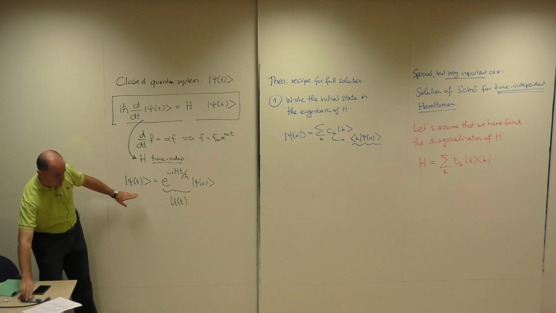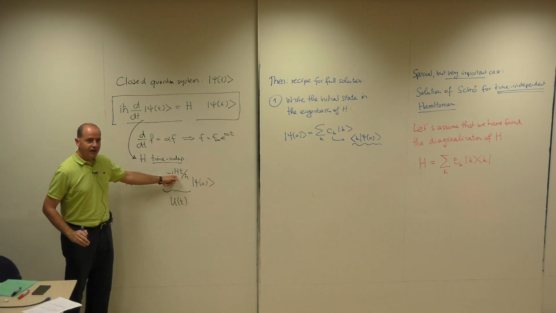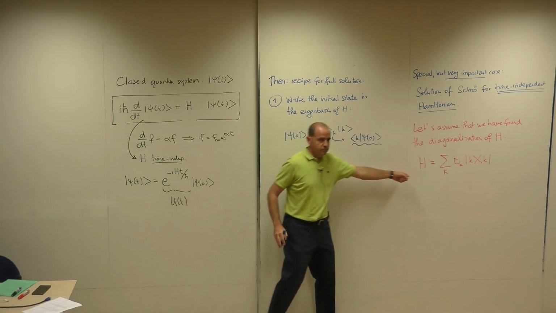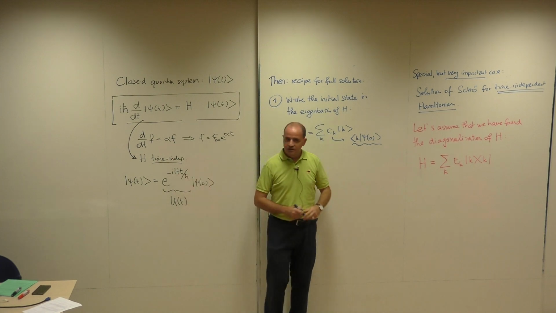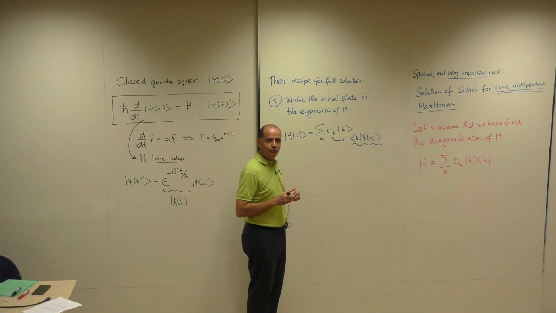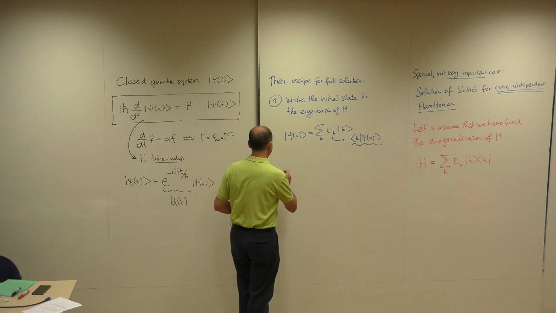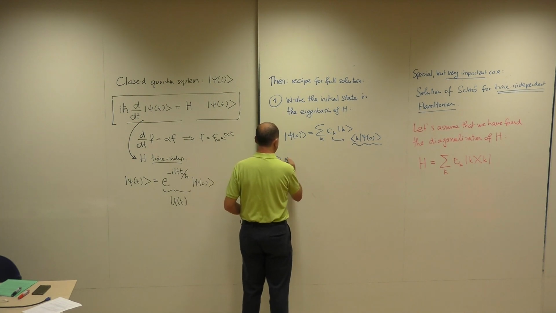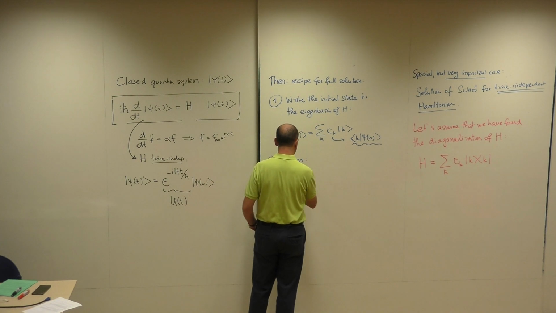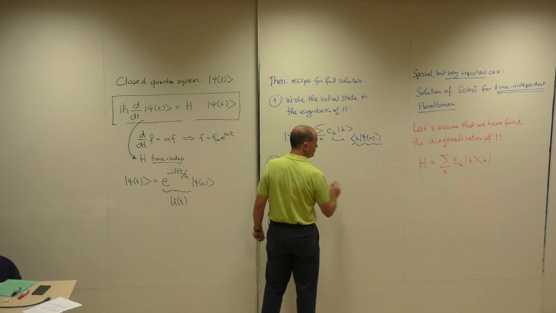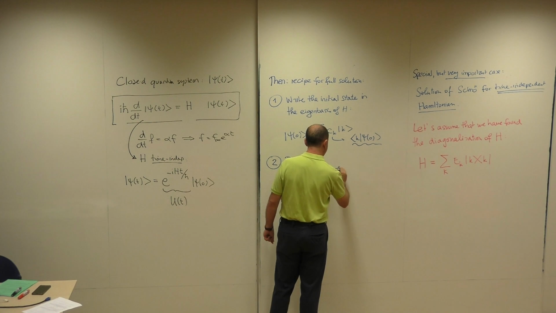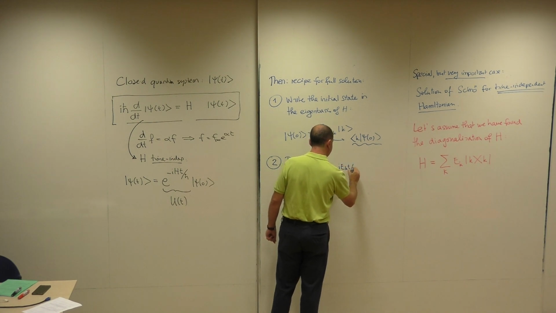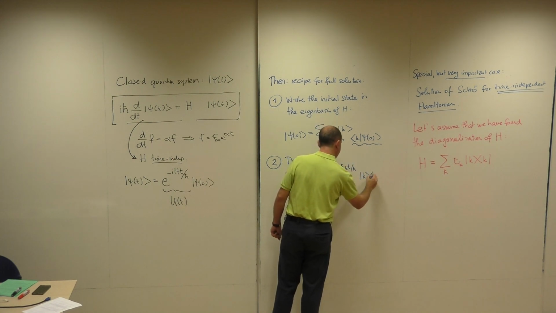Now let me go back to the recipe. If in addition I have this is a function of H, a function of a Hermitian operator, then the second part of the recipe: U of t is equal to the sum over k of e^(-iE_k t/ħ) |k><k|.